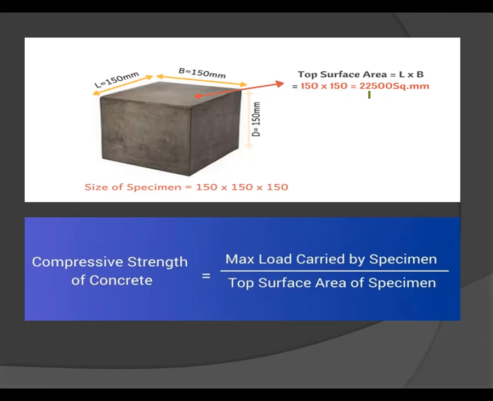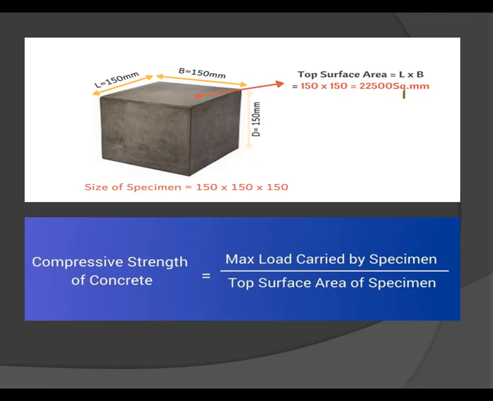This value is 22,500 mm square. Converting it into centimeter square, it is equal to 225 centimeter square. Assume the maximum compressive load is, for example, 450 kilonewton.